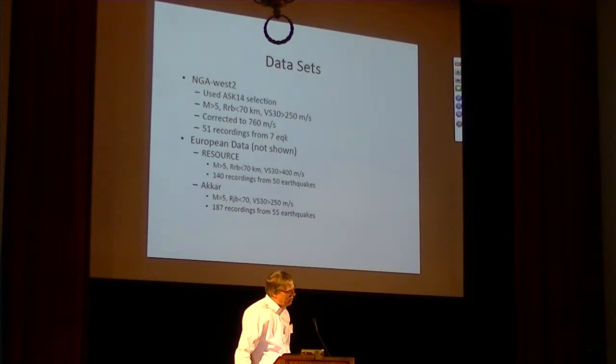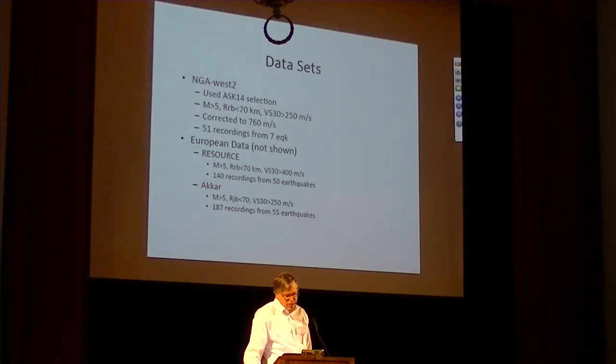So for our data sets, we're going to show the one for the NGA West 2. It's again using the ASK selection, so it has a bigger set, class 1 and class 2 in there. Magnitudes greater than 5, distances less than 70, and a VS30 greater than 200 or 250, corrected to 760. Part of this was so that we weren't doing too big a correction on the VS scaling.